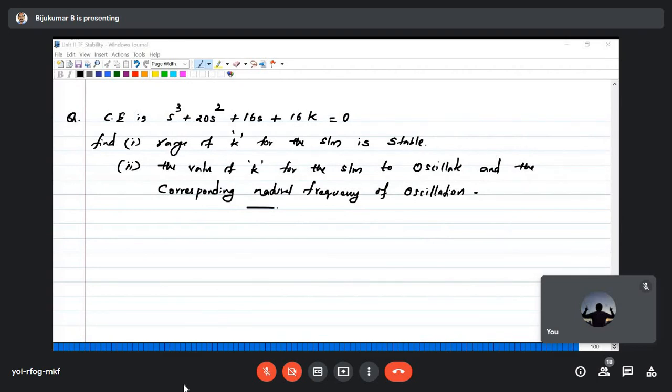So if k lies between 0 to 20, then it's stable, sir. If it is greater, then it's oscillating, sir. It's not stable. And what about the other two roots? It is positive. That means the system doesn't have any pole on the right side, right? So you are telling the system is stable.